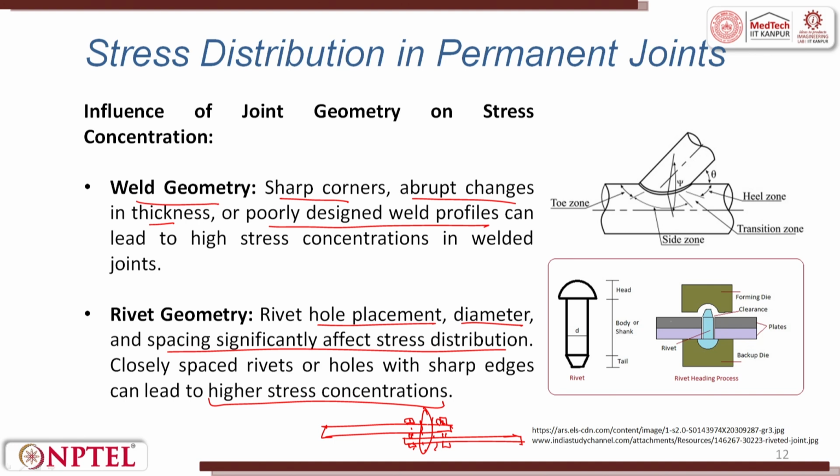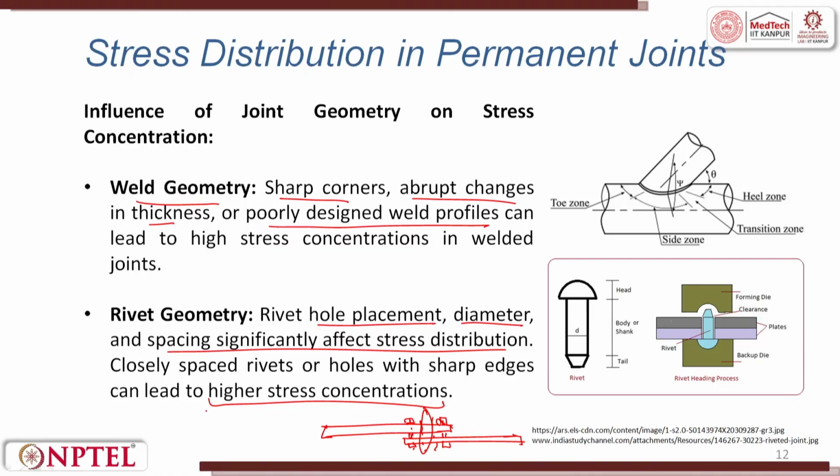So, close placing of rivets does not always mean the joint is very strong, because very close placing of rivets also increases the risk of failure due to stress concentration. So, I will write it here: the closely spaced rivets increase the risk of joint failure.